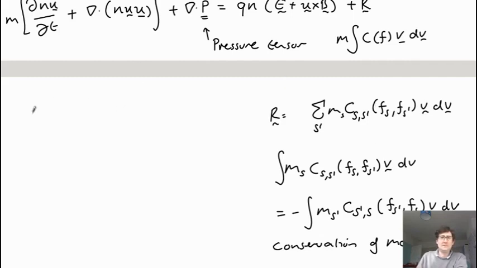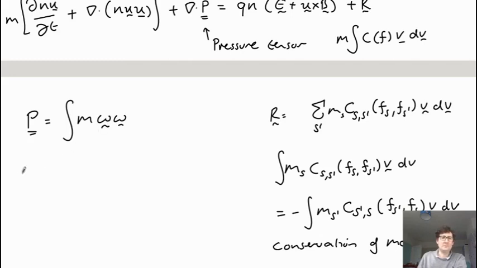Now the pressure tensor, P, is again a higher order moment, so this can be written in several different ways, but this is just the mass of the species. It's convenient to write this in terms of another velocity W, the relative velocity.